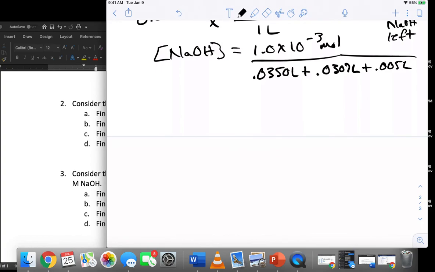Now I can put all of these pieces together and calculate my concentration, and I get about 0.014, we'll leave it at 2 sig figs, molar. And that means if I want to find my pOH, I can just take the negative log of that.